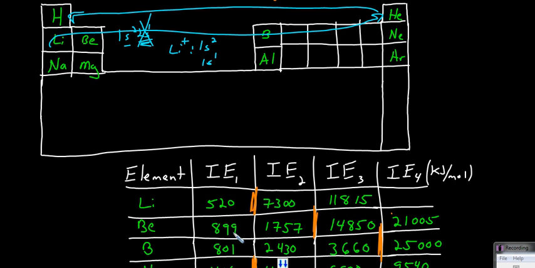Actually, first I'll note, let's mark these large increases in ionization energy. Take a look at beryllium. It has a relatively low first and second ionization energy. Yet the third ionization energy is almost 10 times higher than the second ionization energy.